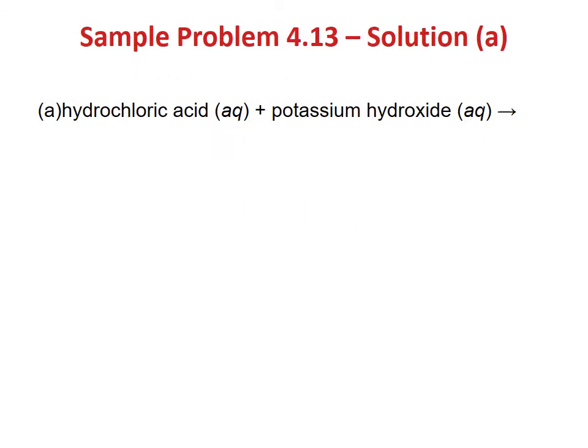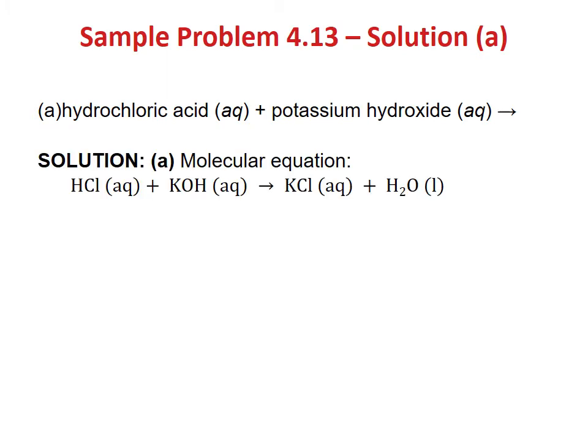Let's look at A, hydrochloric acid and potassium hydroxide. So here is the molecular equation: hydrochloric acid plus potassium hydroxide, and because it is an acid-base reaction, the proton and hydroxide form water and a salt. In this case the salt is potassium chloride. Now, hydrochloric acid is a strong acid. Potassium hydroxide is a strong base, so both dissociate completely into ions.